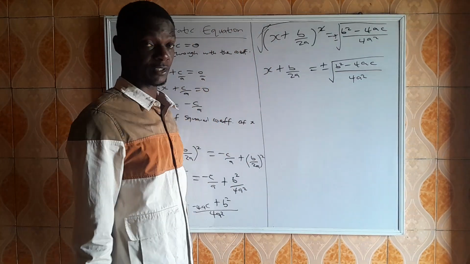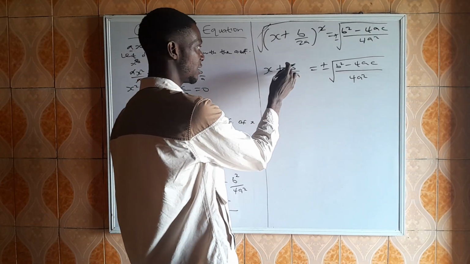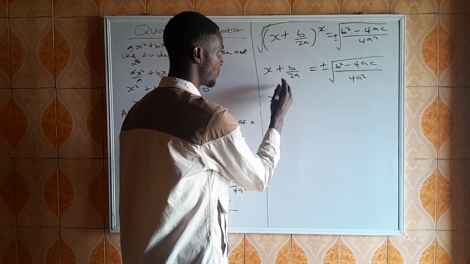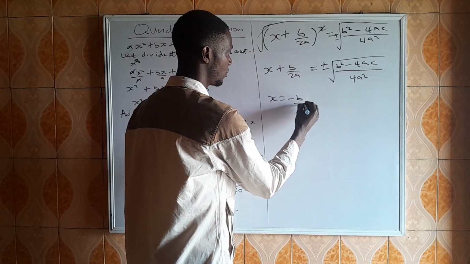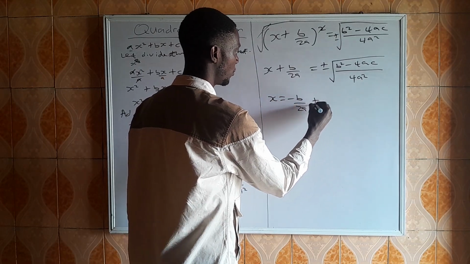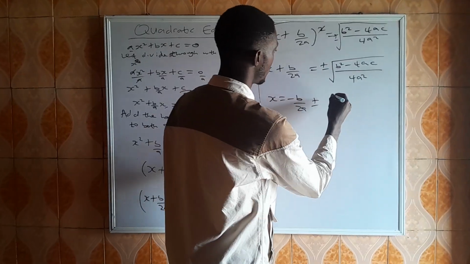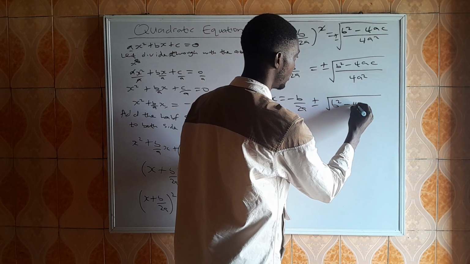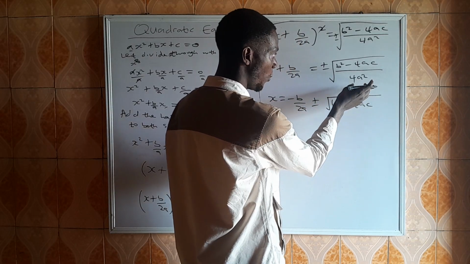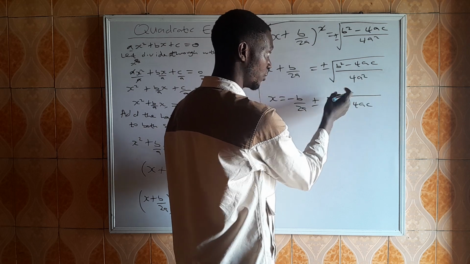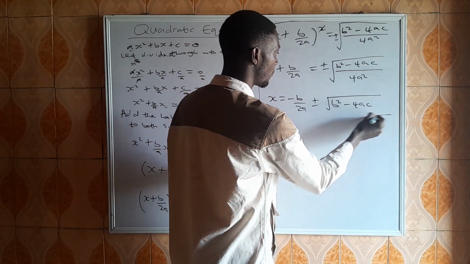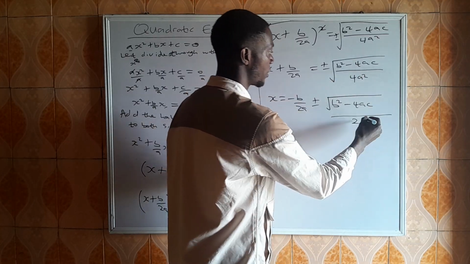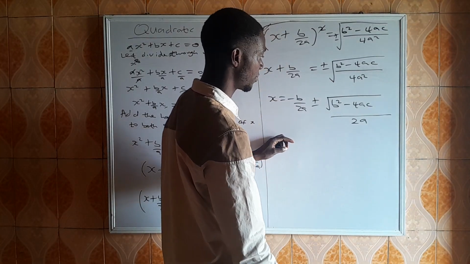Now, we want to find our x. So we take this plus b over 2a to the other side. So you have x equals minus b over 2a plus or minus the square root of b squared minus 4ac. Now, I want to take this 4a squared out of the square root. The square root of 4 is 2, and the square root of a squared is a.